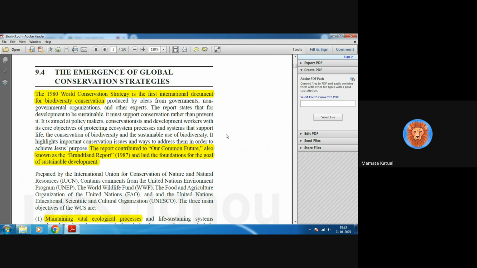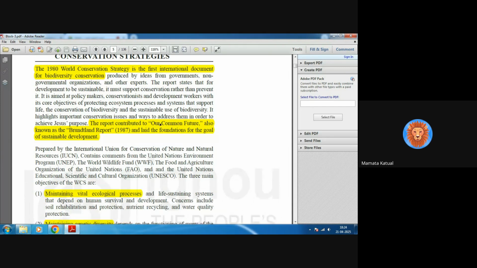This report was prepared taking into account various reports and studies on biodiversity loss and biodiversity conservation, and they prepared a report, and this report contributed to Our Common Future.